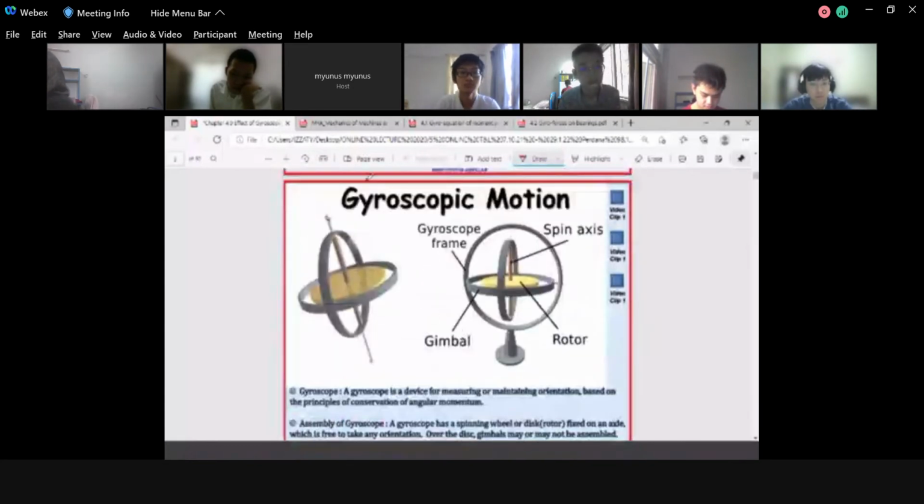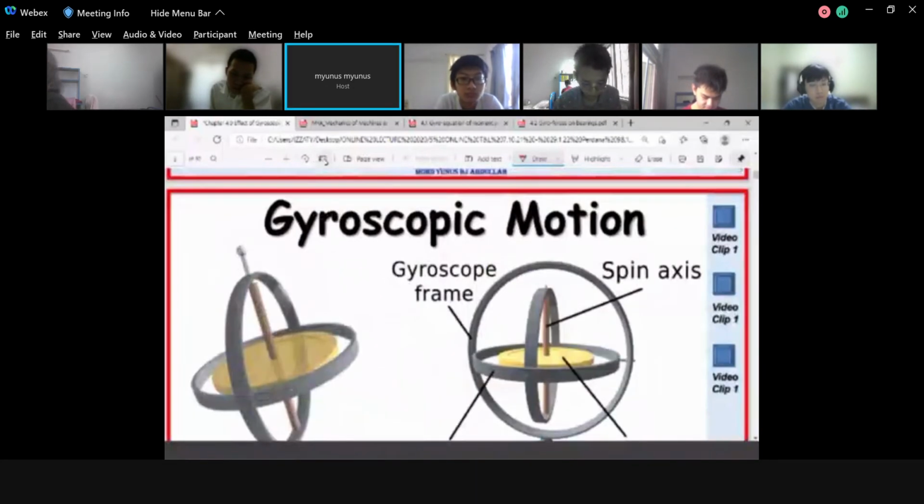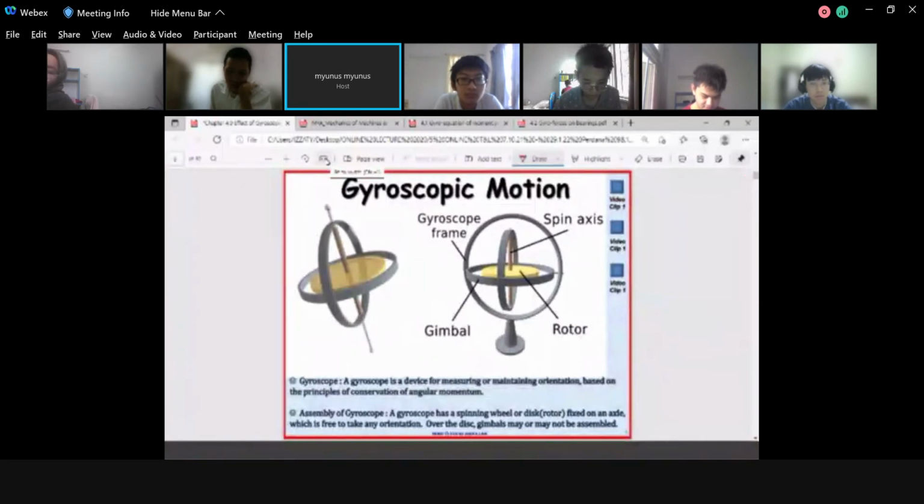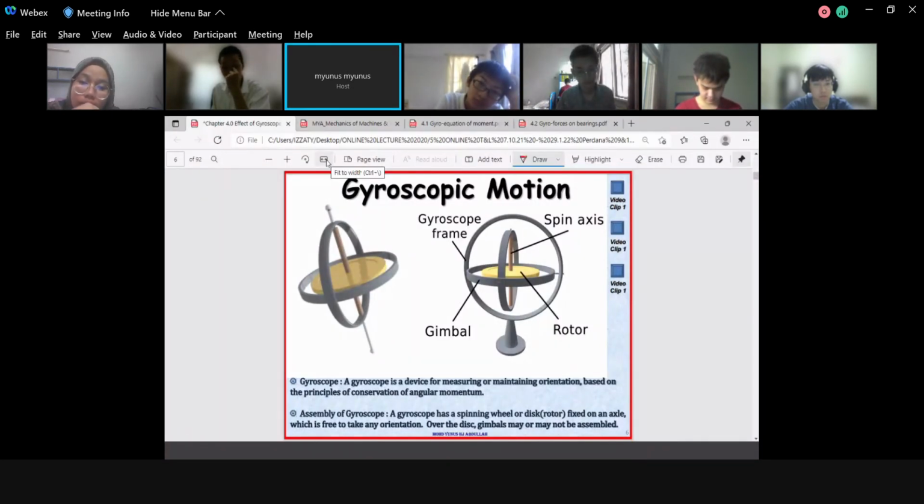So now we have an idea. What are the things we need to learn over the couple of weeks? First is to define the speed of the spin and of the precession, for example. So two speeds, or two velocities. One will be the spinning velocity, the other will be the precession velocity. If you look at books, for example the book written by Simpson, or by Prasad, they do not mention spinning velocity.